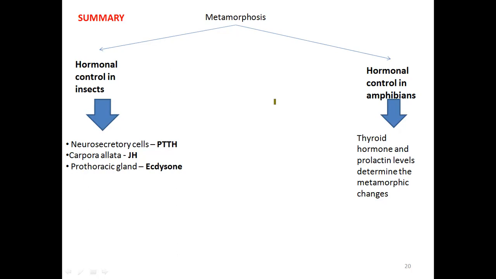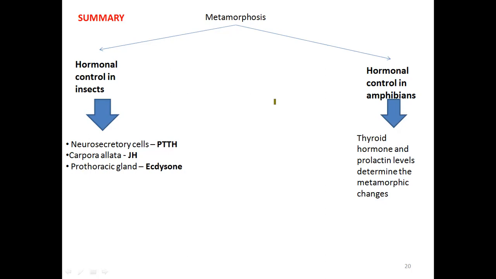And in amphibians, we know very well that the thyroid hormone and prolactin played an important role. Thyroid hormone levels gradually started increasing. That means TSH, T3, and T4 gradually started increasing from tadpole to the adult. Prolactin levels were high in the pre-metamorphic stage, and they gradually started reducing as the metamorphosis progressed.